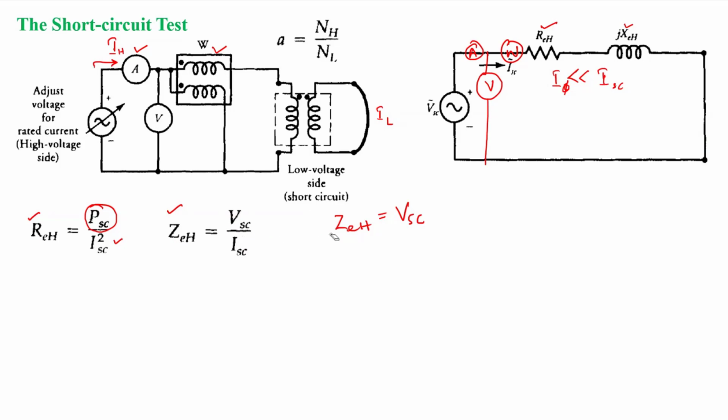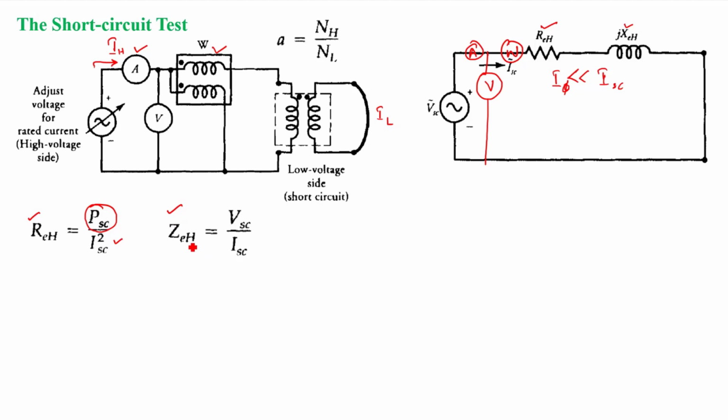So now I know REH and ZEH. These are the parameters referred to the high voltage side: the equivalent resistance and the equivalent impedance referred to the high voltage side.